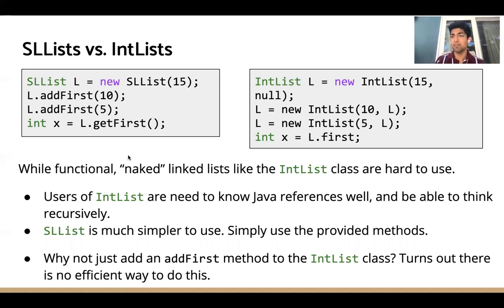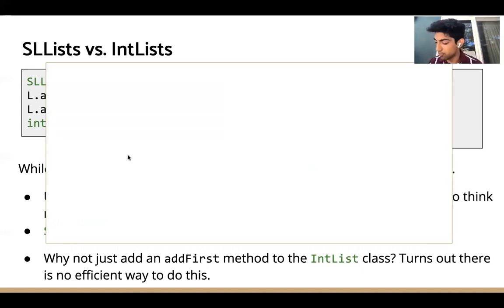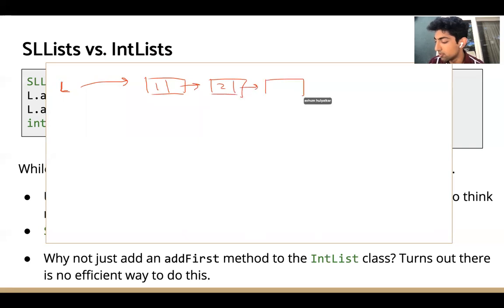Okay, so let's walk through this together. So suppose that we have some int list L, okay? So we have some int list L, and let's say it contains the values 1, 2, and 3, okay?